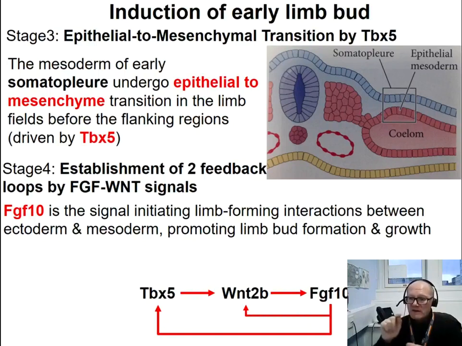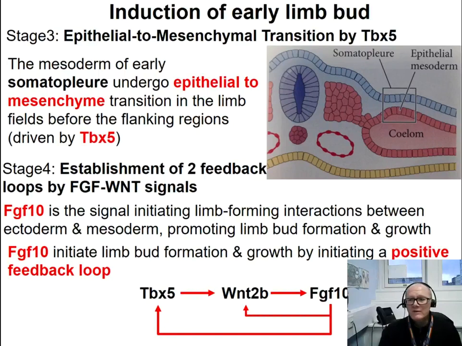So now we have a positive reinforcing feedback loop between these three genes that sustain each other's expression, and in doing so sustain proliferation of the cells of the mesenchyme in the mesoderm, just below the ectoderm, and so sustain outgrowth. This is what is called a positive feedback loop.